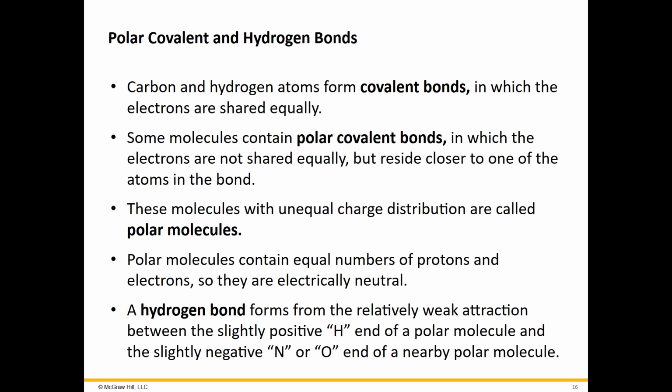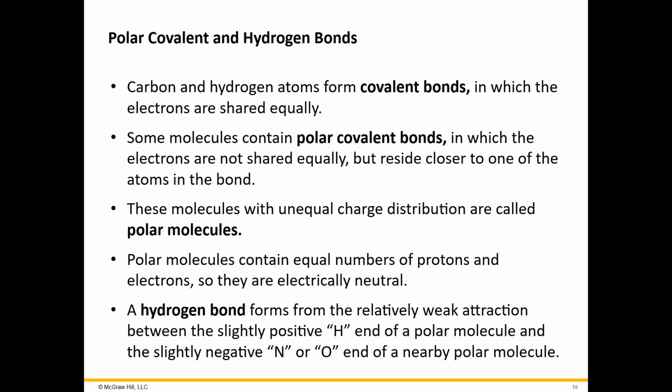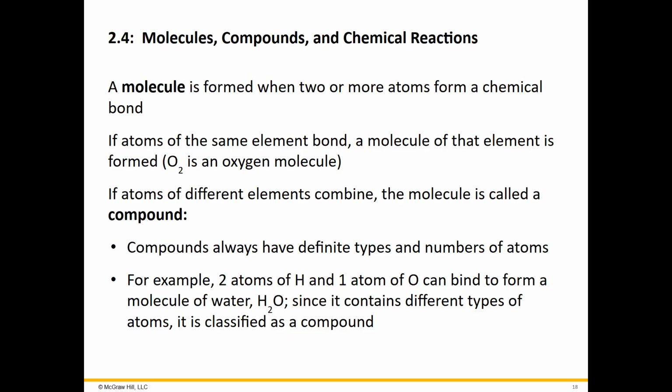In a covalent bond, if they share electrons equally, it is non-polar. If they share it unequally, it is polar. When they share it unequally, understand that means one side of the molecule is slightly negative, the other is slightly positive. If they are weakly attracted to each other via the hydrogen side, it is a hydrogen bond. That's what I want you to know.